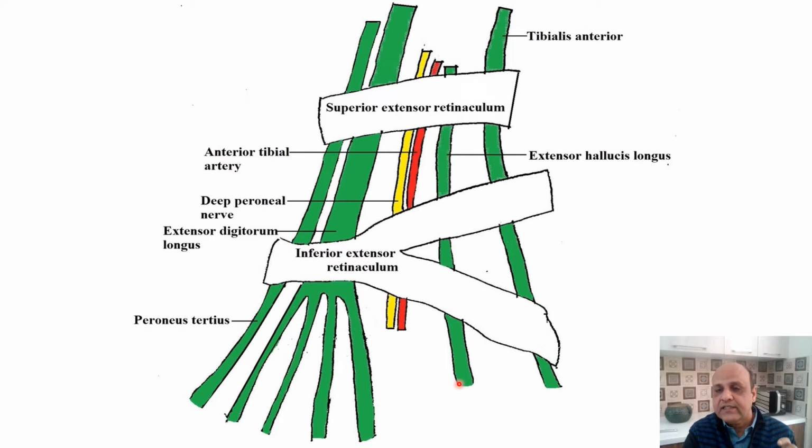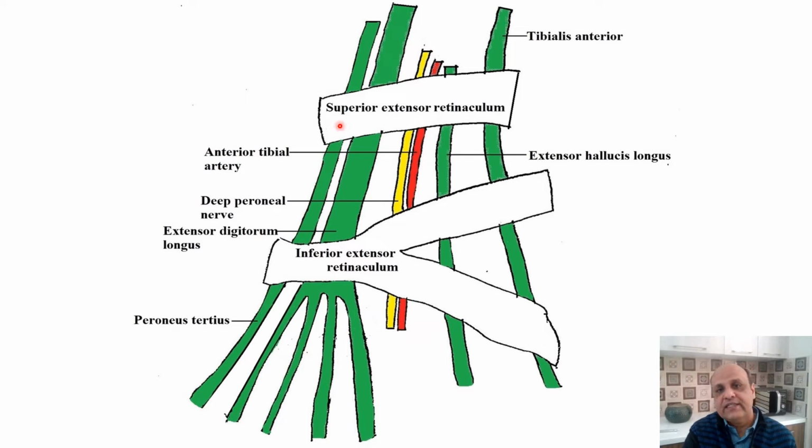Extensor digitorum splits into four tendons for the lateral four digits, and it is inserted onto the dorsal surface of the middle and distal phalanges of the toes. These two muscles are responsible for the extension of the metatarsophalangeal and interphalangeal joints of the digits concerned.